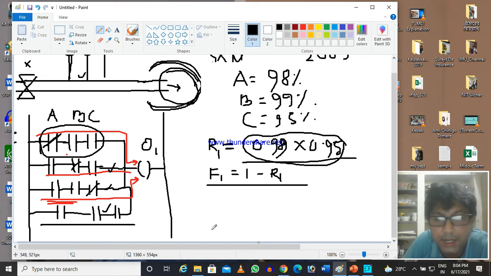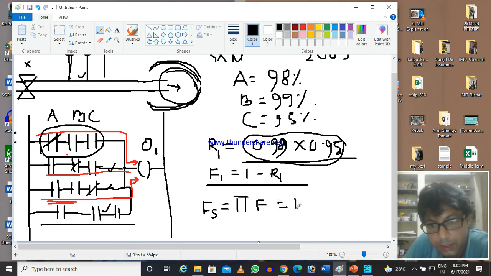Now for parallel paths, the overall failure should be the product of all these. That means F1 into F2 into F3 into F4.